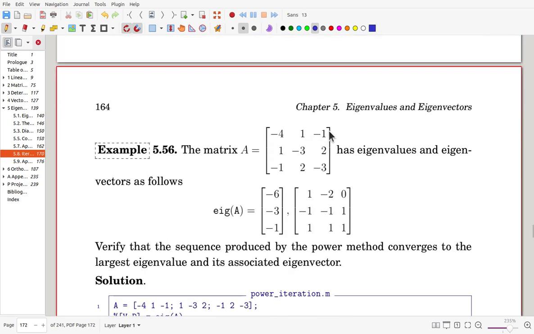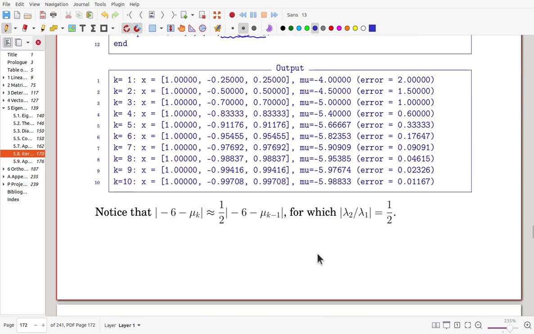For this problem, this is lambda 1, there's lambda 2, so that the ratio is half. So that's the reason here error is reduced by a factor of 2. Okay.